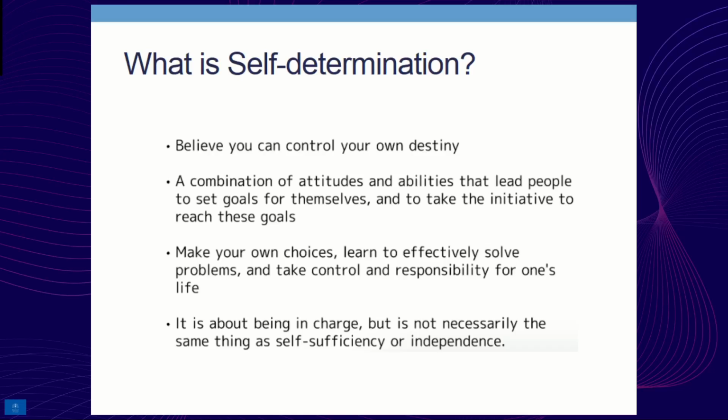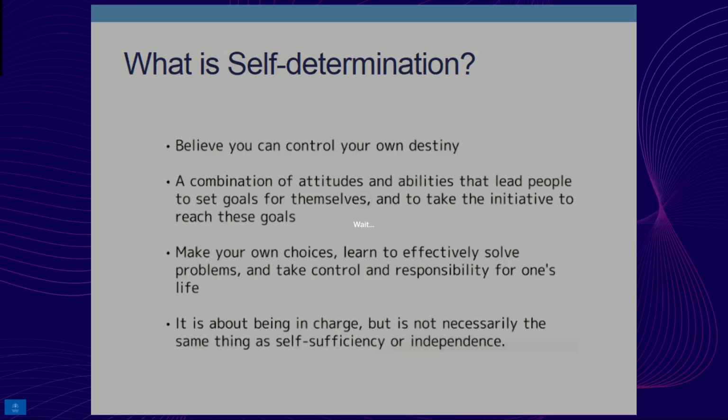It's a combination of attitudes and abilities that lead people to set goals for themselves and to take the initiative to reach these goals. Make your own choices, learn to effectively solve problems, and take control and responsibility for one's life. It's about being in charge, but is not necessarily the same thing as self-sufficiency or independence.